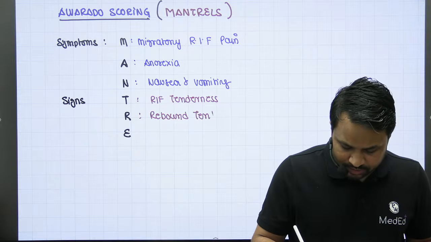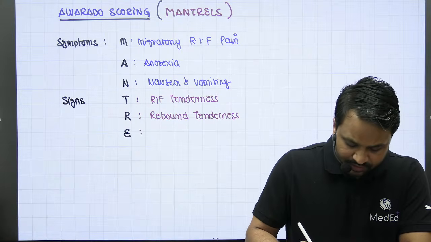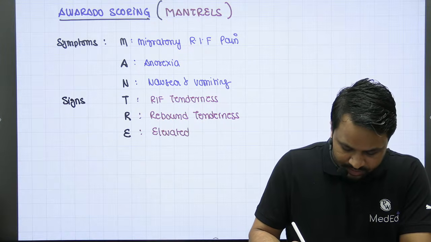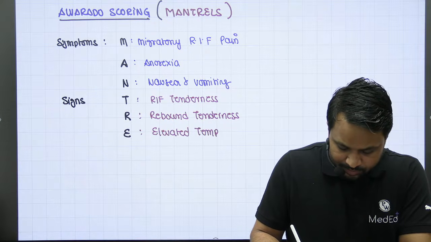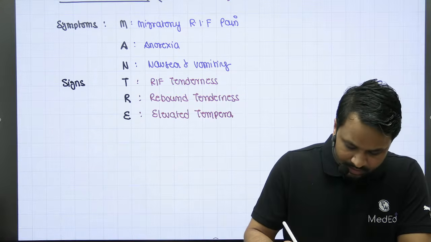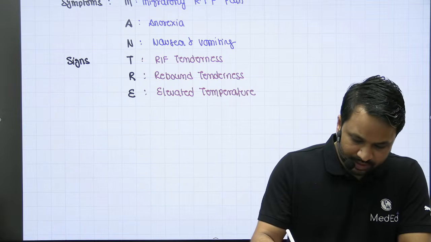R stands for rebound tenderness. And E stands for elevated temperature, that is fever.